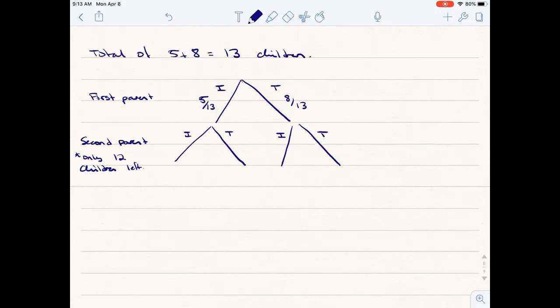If the first one picked up was an infant, one of the infants is gone, so there's not 5 infants, there's 4 infants. So 4 out of 12 are infants. There's still 8 toddlers.